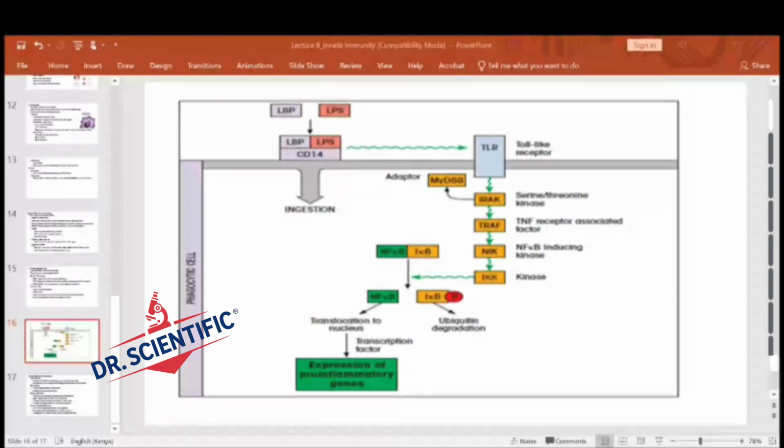But now I'm saying CD14. Oh, no. CD14 is a marker for phagocytosis. So CD14 is not necessarily a neutrophil. It can also be a macrophage. CD14 is the unique marker for phagocytosis, actually.